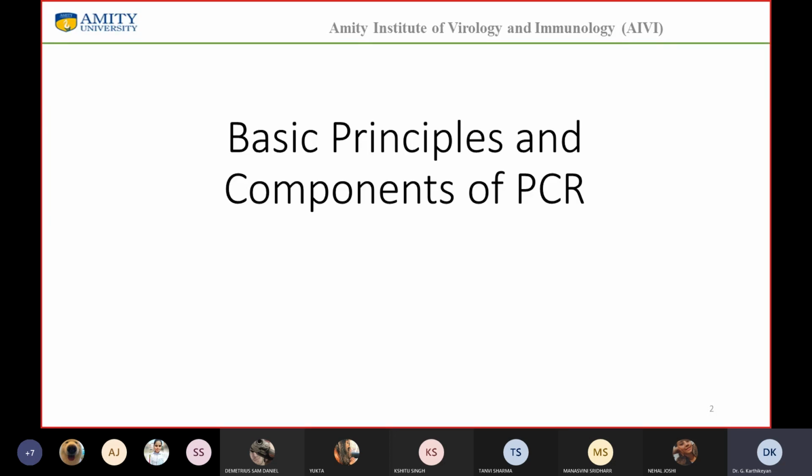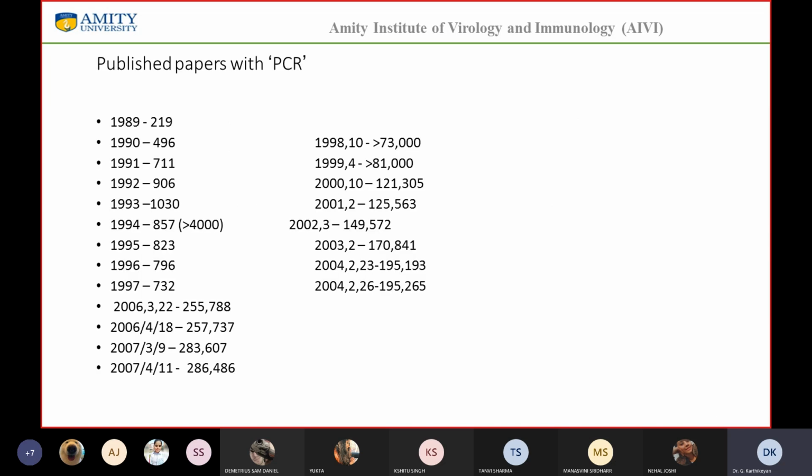So what we are going to discuss today quickly is the basic principles and components of PCR. If you look at the trend, if you go to PubMed and search PCR, this of course is way old, but what it shows is an exponential increase in the use of this technique.